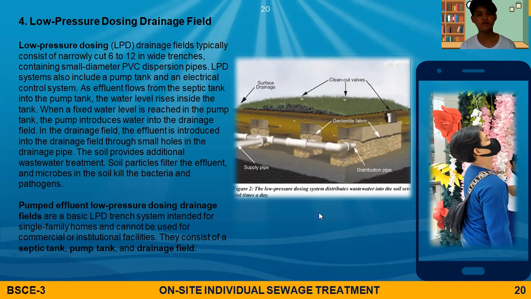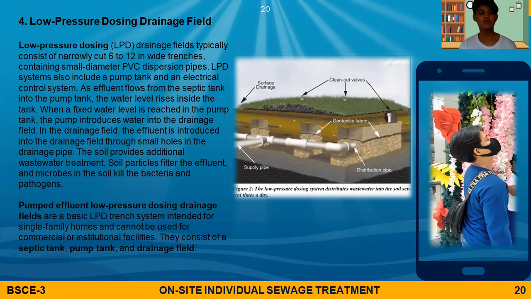When the fixed water level is reached, the pump introduces the water into the drainage field. In the drainage field, the effluent is introduced through small holes in the drainage pipe. The soil provides additional wastewater treatment: soil particles filter the effluent and microbes in the soil kill the bacteria and pathogens.